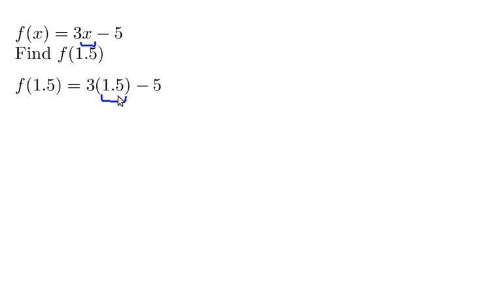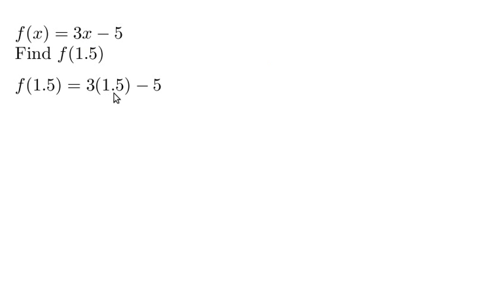So I put the 1.5 in parentheses because this means 3 times 1.5. If you did 3 dot 1.5, normally that's going to be okay, but if you get the habit of putting it in parentheses, it usually cuts down on problems later on. And we might see that in these examples, I'm not sure.